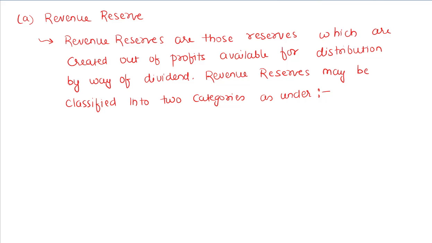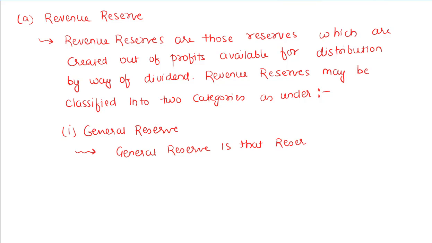A. General reserve. What is the general reserve? So basically students, general reserves are the reserves which could be used for general purpose. Any purpose you can use this reserve. There is no special purpose which is assigned to this reserve.